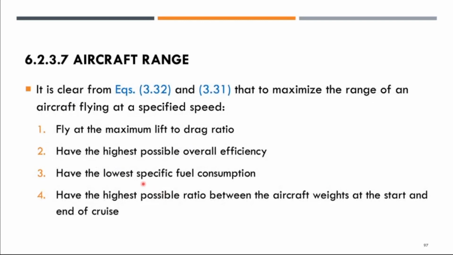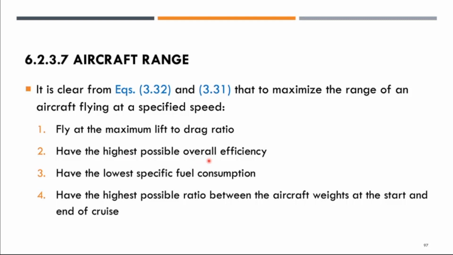So what can we conclude here is that it is clear from both equations 3.32 and 3.31 that to maximize the range of an aircraft flying at a specified speed, first you have to fly at maximum lift to drag ratio. The second is to have the highest possible overall efficiency, zeta 0.